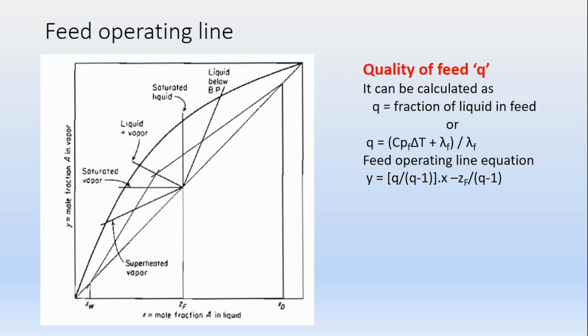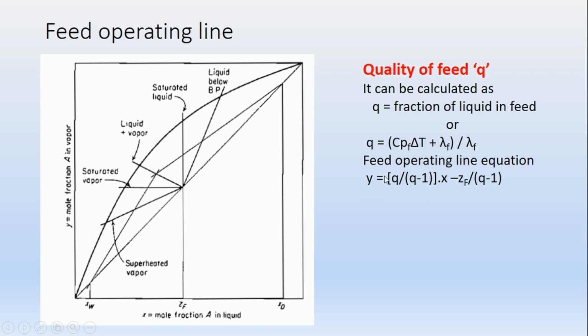Okay, so which is your xF equal to zF point on the x equal to y line. From this point we can draw a line of slope q by q minus 1, or we can draw a line of intercept minus zF by q minus 1.